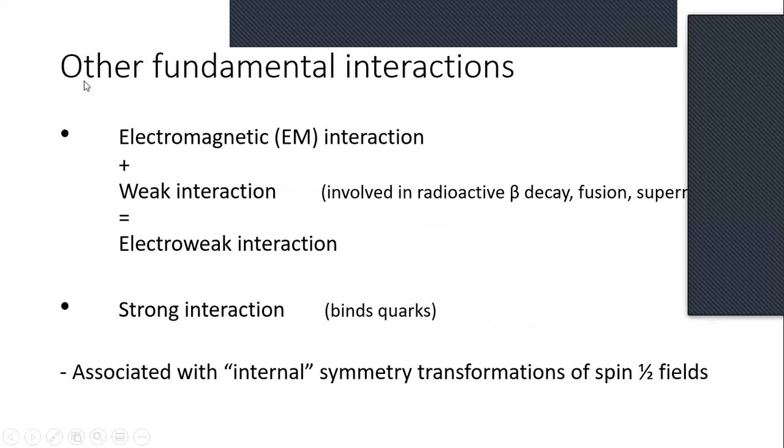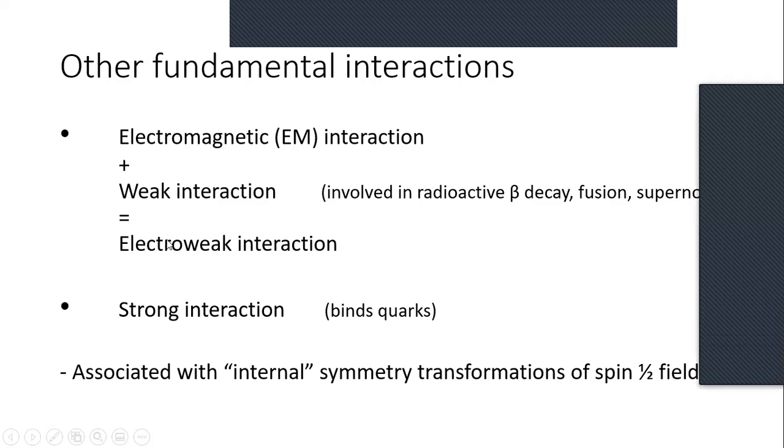So that's gravity. There are other fundamental interactions: the electromagnetic interaction, which we've already mentioned, and what's known as the weak interaction, which is responsible for radioactive beta decay, and also plays a role in nuclear fusion and particular types of supernovae.